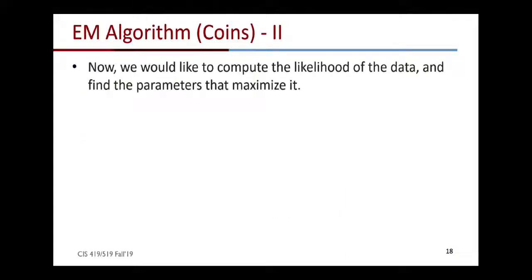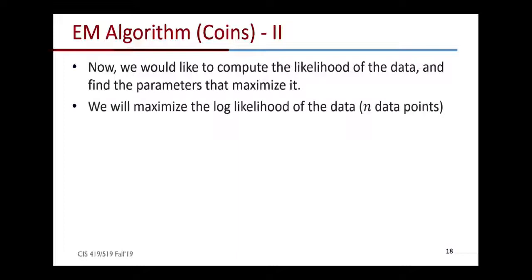Now, I'd like to compute the likelihood of the data so that I can estimate the new parameters. It's the next step of the naive Bayes algorithm. We're going to maximize the log likelihood of the data, of the n data points, which is this, right? So sum over 1 to n, log of the probability of the data given the parameters.